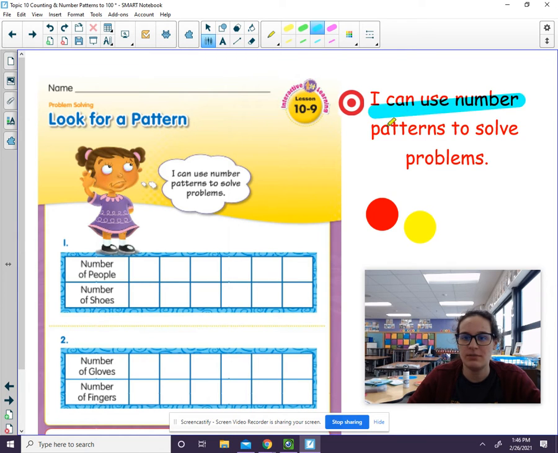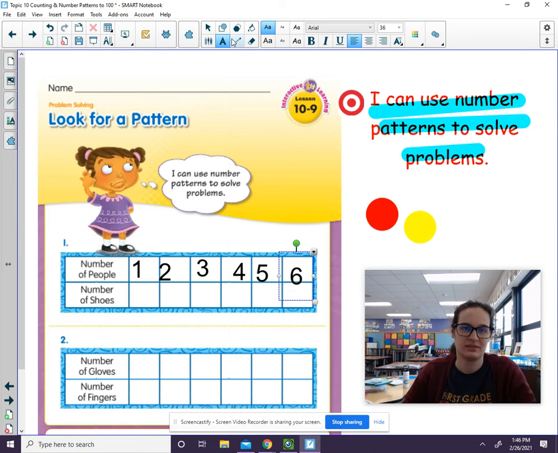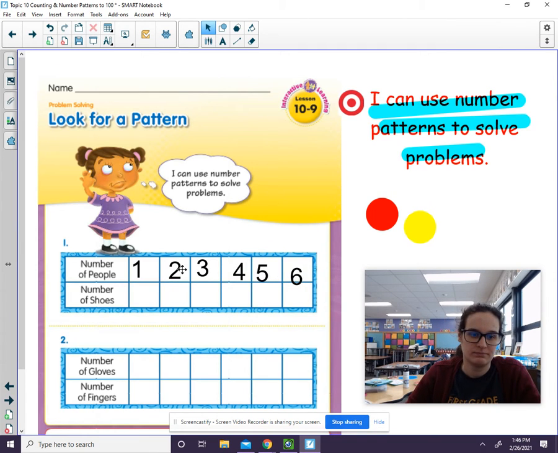So I can use number patterns to solve problems. Here it says number of people. Well, we knew we had 6 people. 1, 2, 3, 4, 5, 6. And we ended up just counting by 2s to solve it.